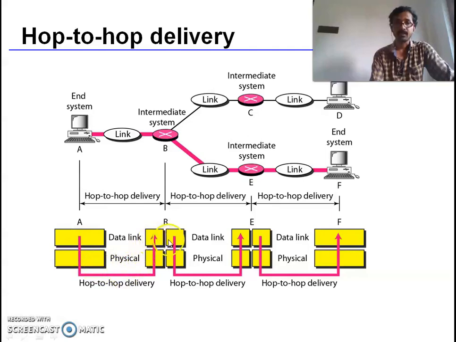Then this hop again delivers to the next hop, and this system again delivers to the next hop. So the main responsibility of the data link layer is hop to hop delivery. Hop to hop delivery is nothing but system to system delivery. It delivers the frame hop to hop.